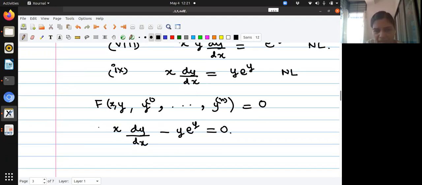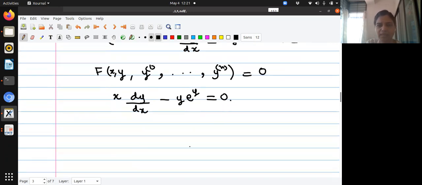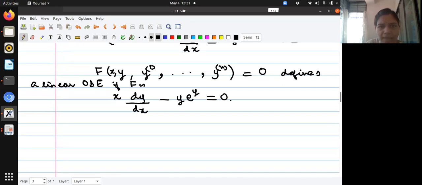Now f fails to be a linear function of y here, because of the term y e to the power y appearing. So this defines a linear ODE if f is linear in y prime as a function of these variables.